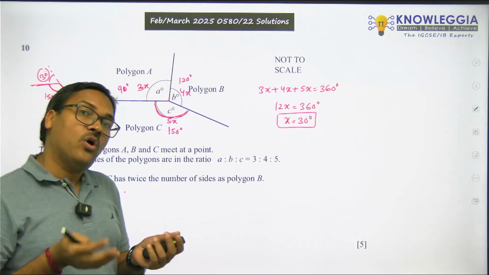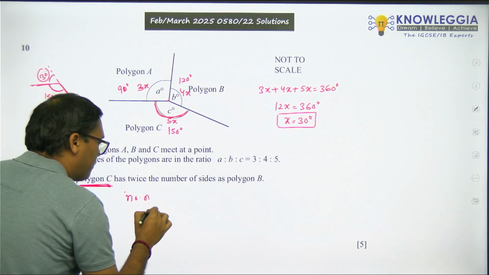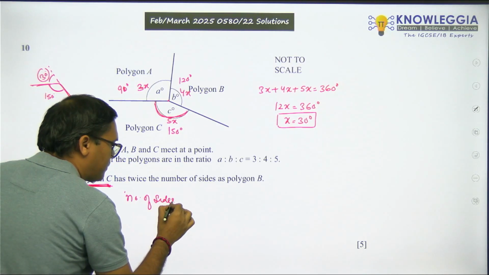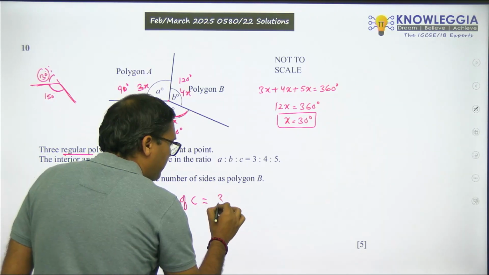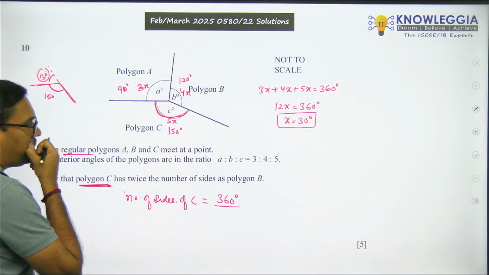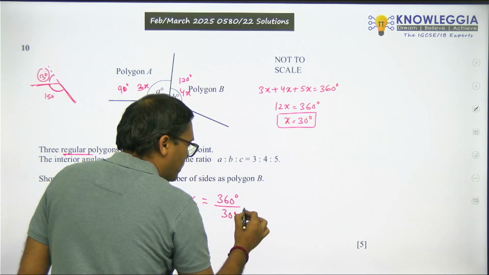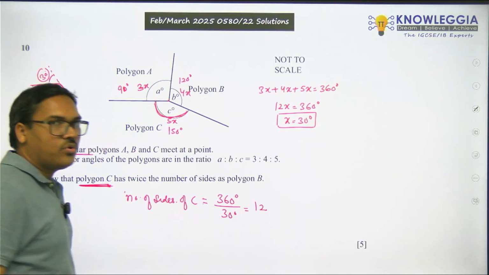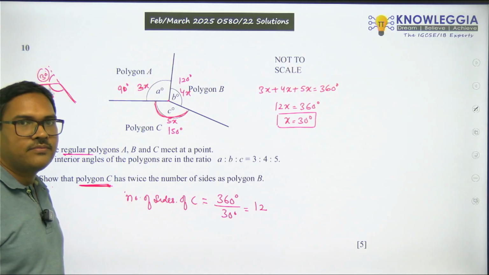Correct? So if all the angles are equal, the number of sides of polygon C will be equal to 360 degrees, the sum of exterior angles, divided by each angle, and the exterior angle is 30. So this is 12. So the polygon C has number of sides equal to 12.